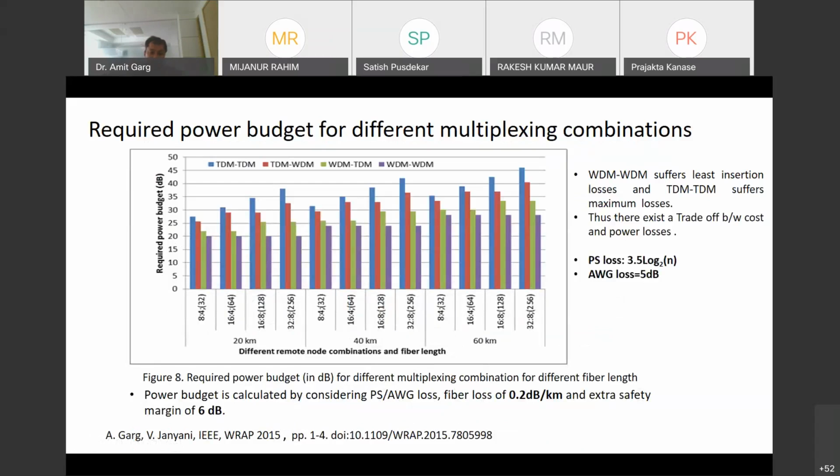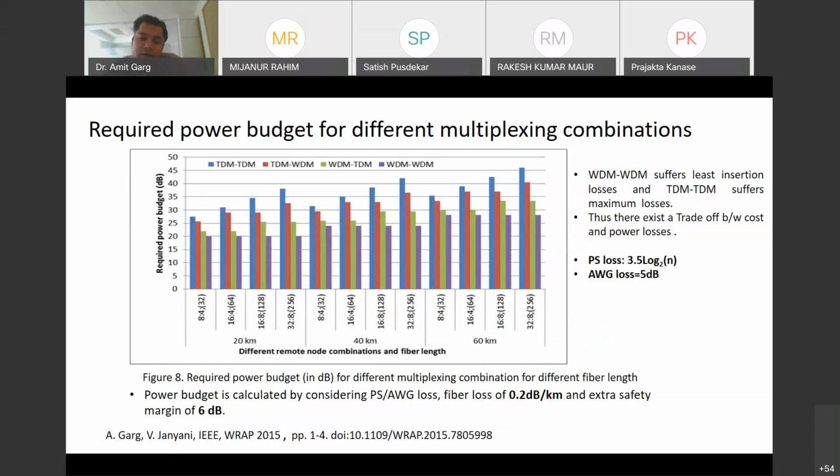So now simultaneously we need to worry about the required power budget. Okay, so we just see the insertion loss for different fiber lengths and for different network conditions.